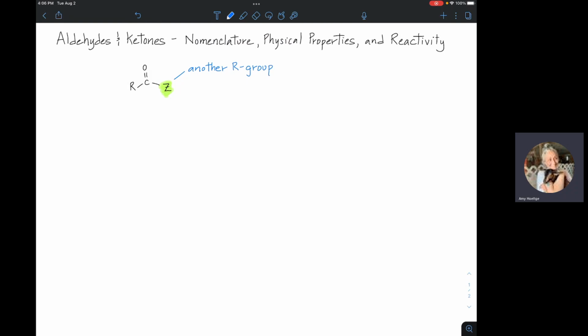It can be aryl or alkyl, basically another rest of the molecule. That would be a ketone. Or it can be a hydrogen, and that would be an aldehyde.